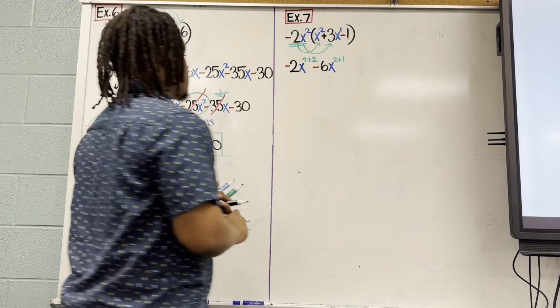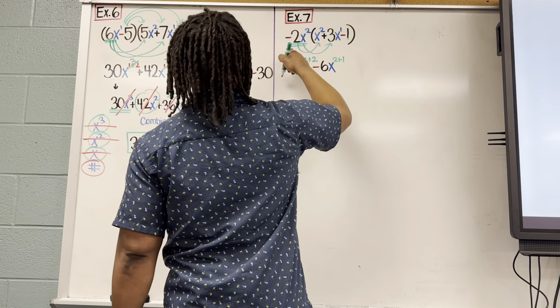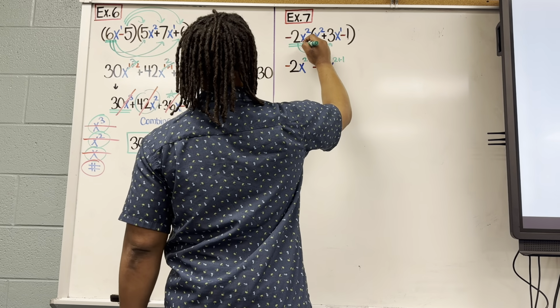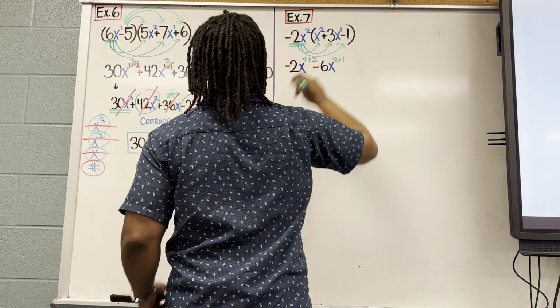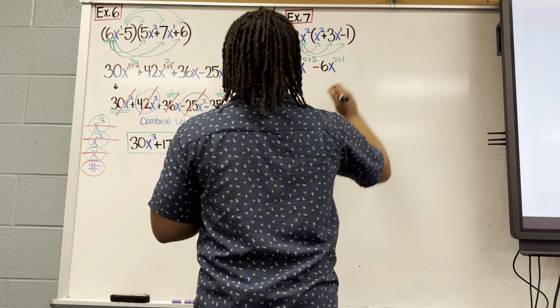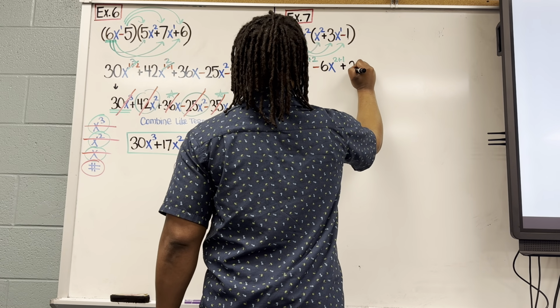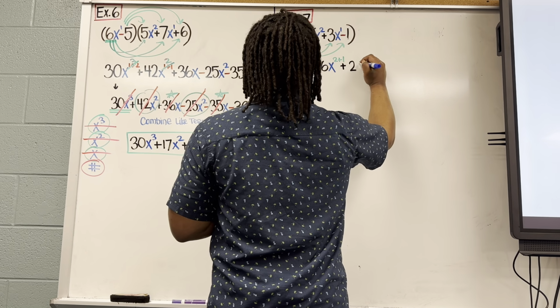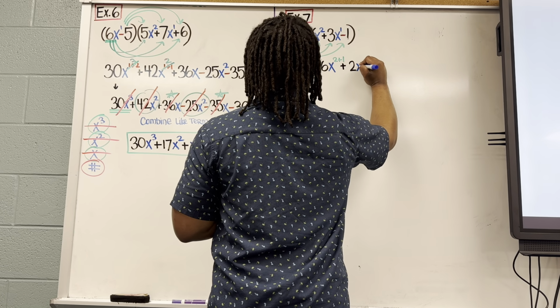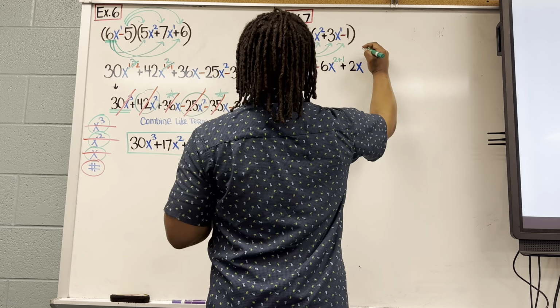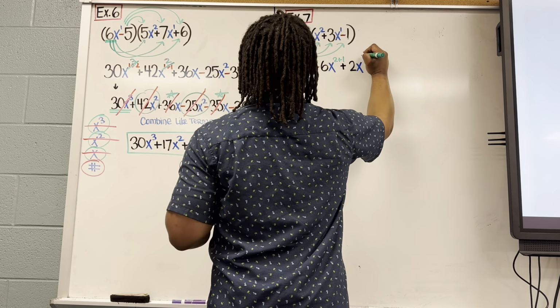And then the last value that I need to multiply with negative 2x squared is a negative 1. Negative 2 times negative 1 is actually a positive 2. So that's going to equate to a positive 2x squared, okay? Positive 2x squared.